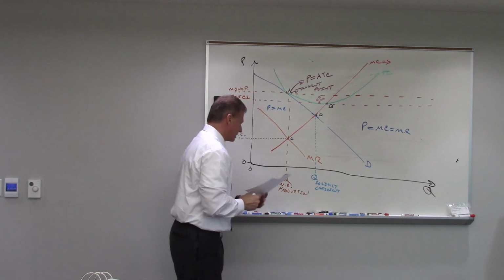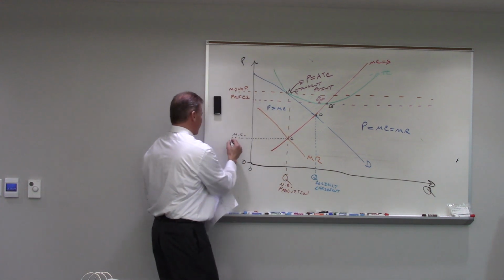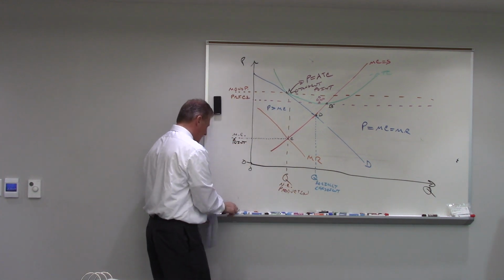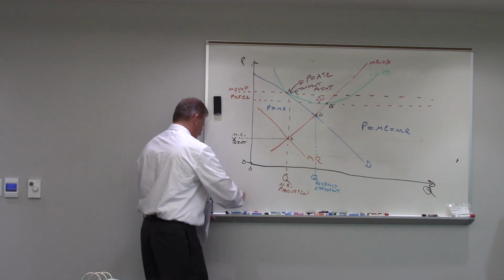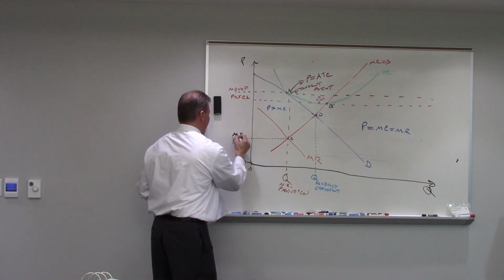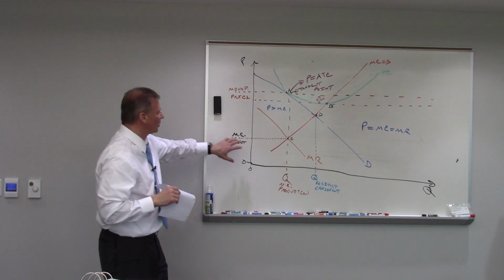Yep, that one's just not going to make it. All right, got another brown here. Okay, so MC here, let me just darken that in a little bit. This is your marginal cost point.